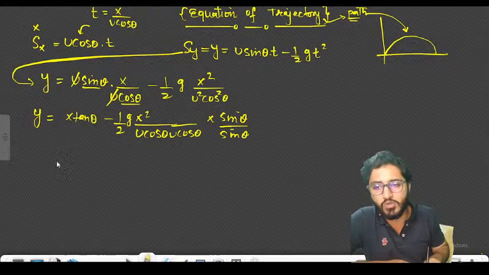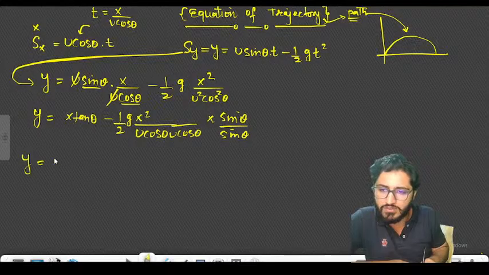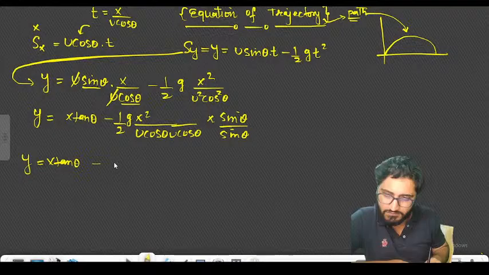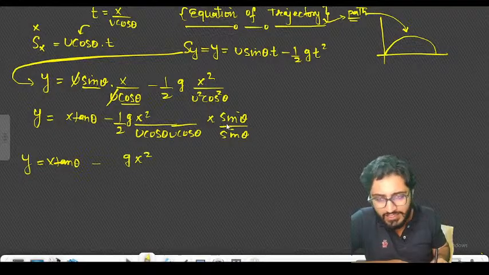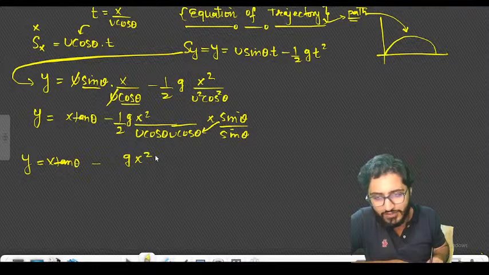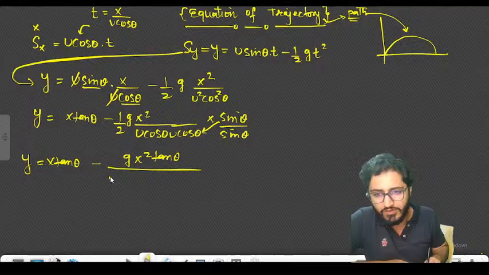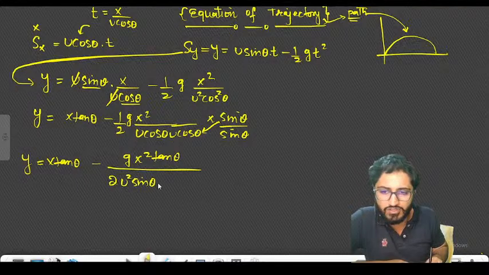What will happen? Just note it down. So y equals x tan theta minus g x square tan theta divided by 2u square sin theta cos theta.